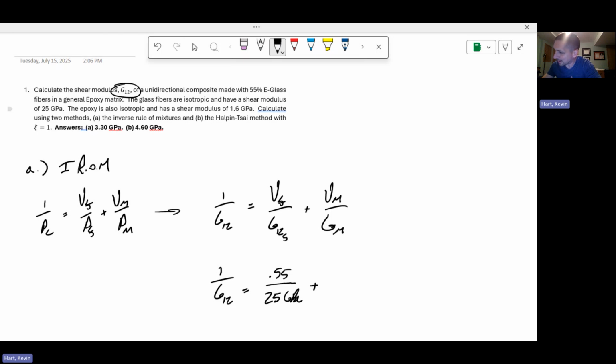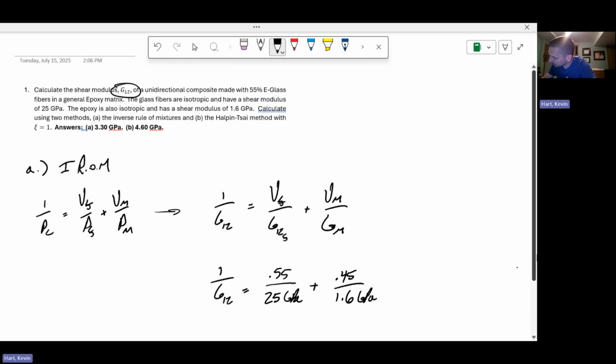This is 1 minus 55%. If we have 55% fibers, that means we have 45% matrix. So this is 0.45 over the shear modulus of the epoxy, 1.6 GPa.